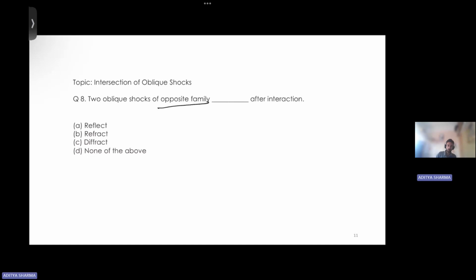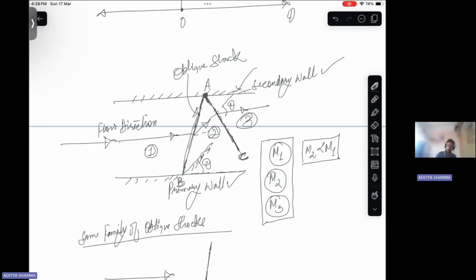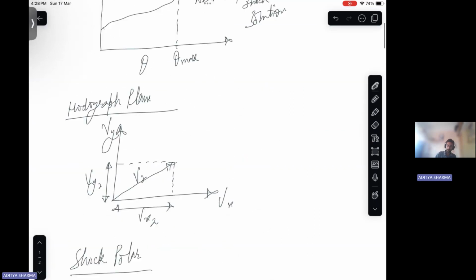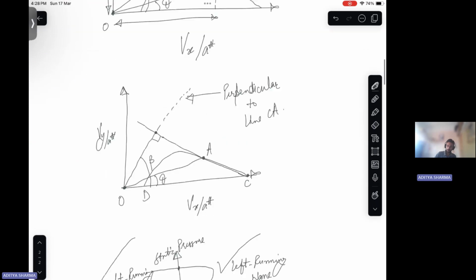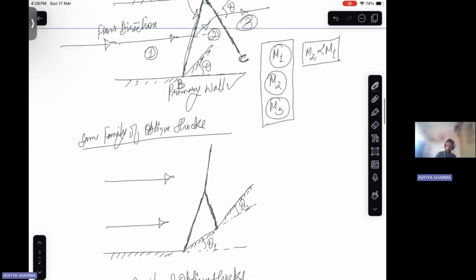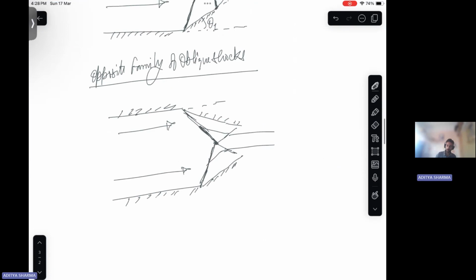So do we have a correct answer to this question, right? From lecture 19's content only, right? Only if you see this, opposite family of oblique shocks. Let's say this is A, let's say this is B, let's say this is C, right?